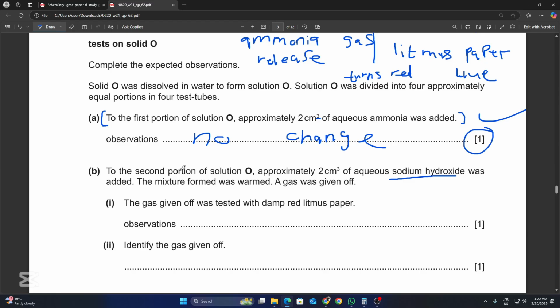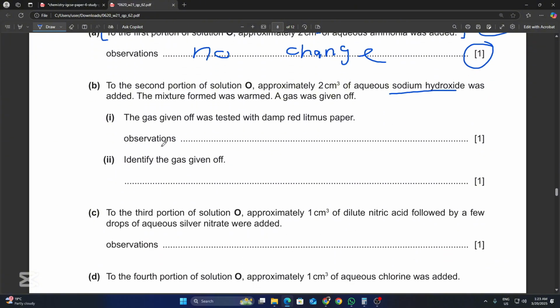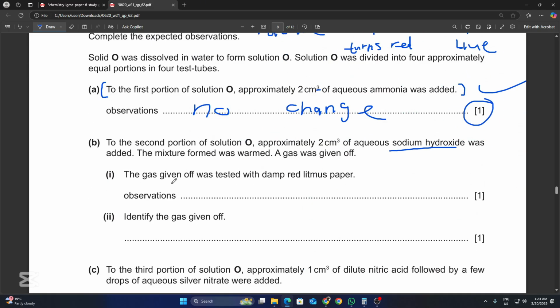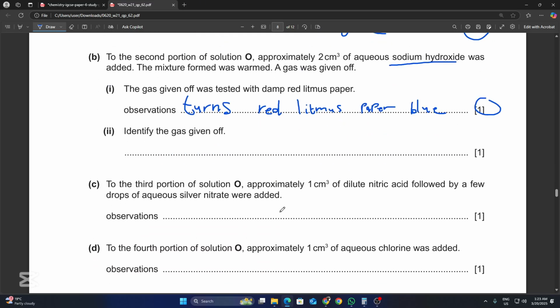You're going to observe what you're going to see. Because we said the test for ammonia is using litmus paper, since ammonia is released, we're going to write turns red litmus paper blue. And that gives you the 1 mark.